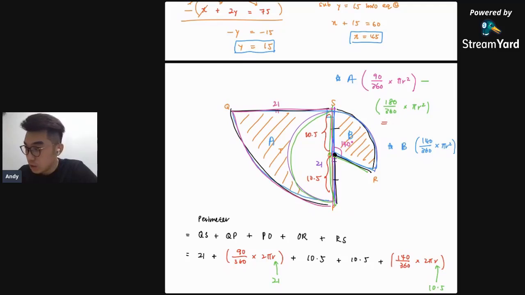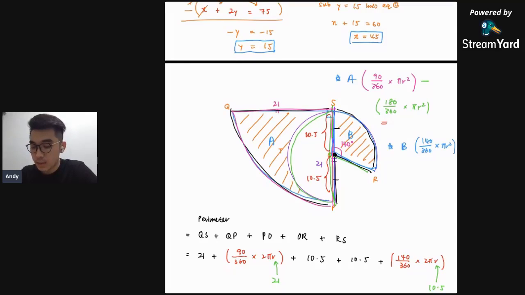Equals, okay, plus 140/360 times 22/7 times 10.5 squared.